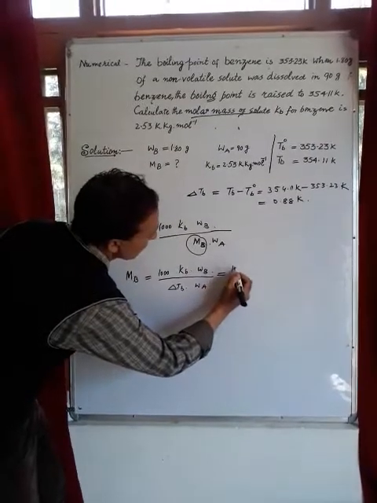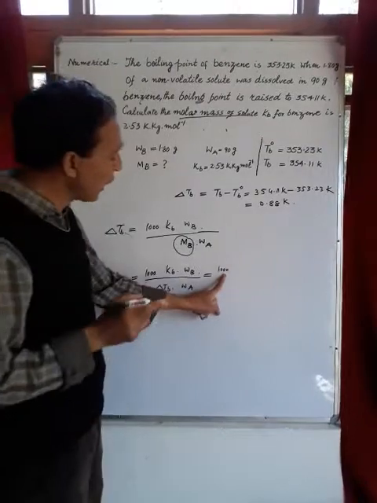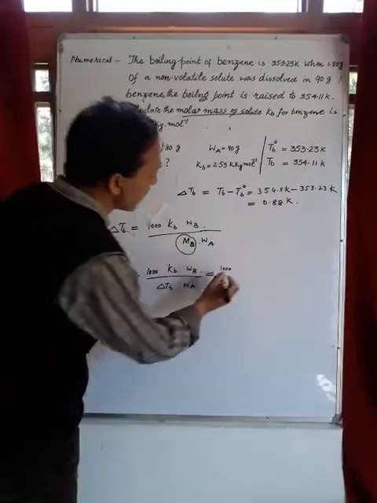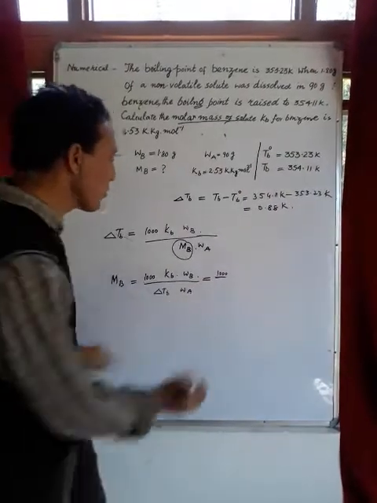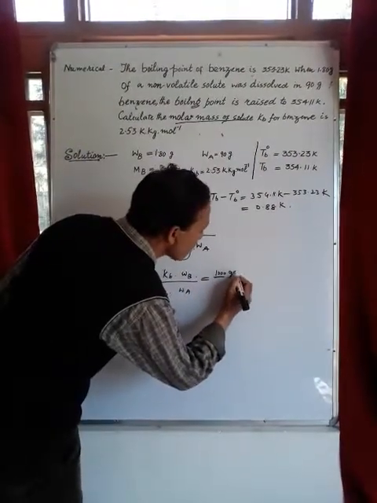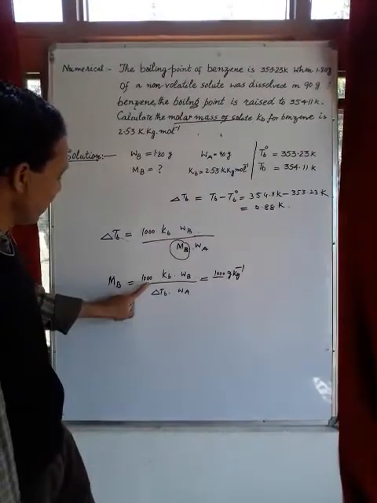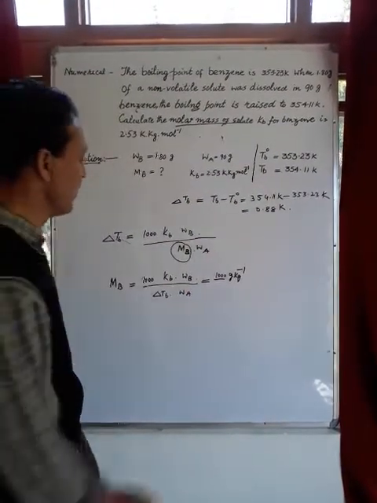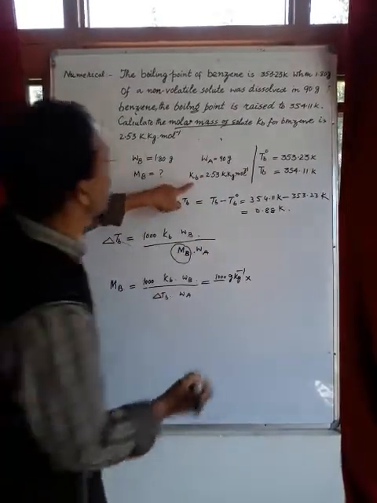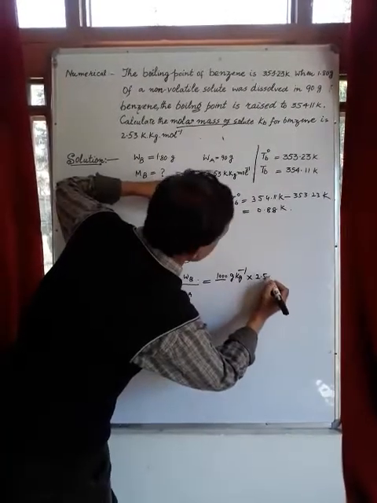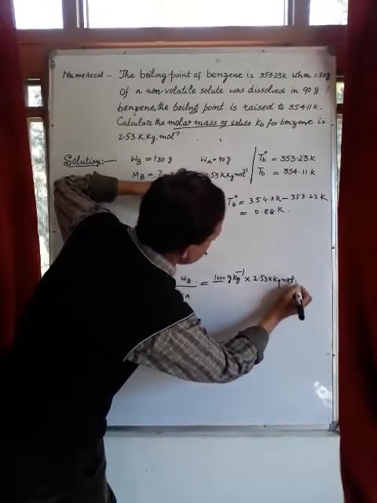Substitute the values. 1000. Remember, अगर हम सॉल्वेंट जो है इन केजीज में ले लेंगे तब हमें 1000 नहीं लेना है. We are taking in grams, so we write 1000 grams per kg. We have to write the unit here. This is 1000 grams per kg, and Kb is equal to 2.53 Kelvin kg per mole.